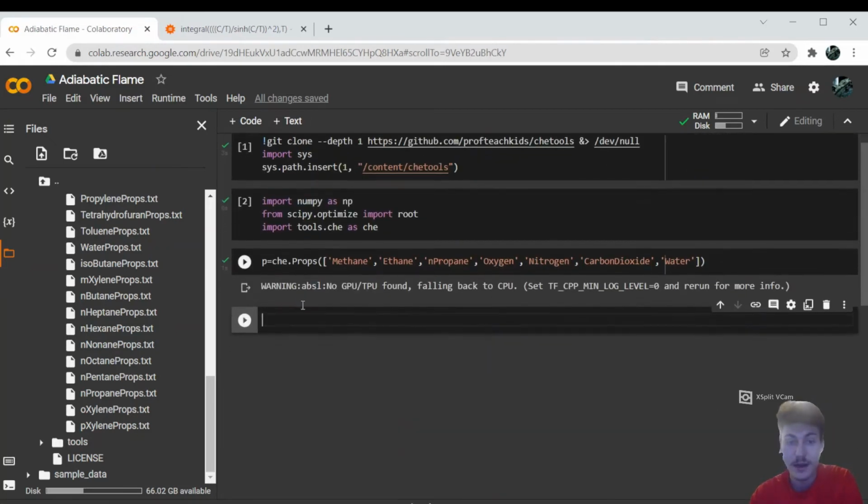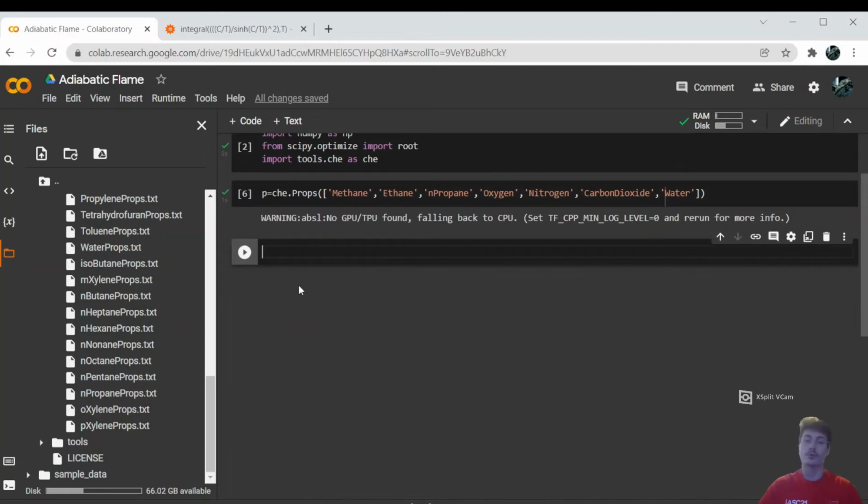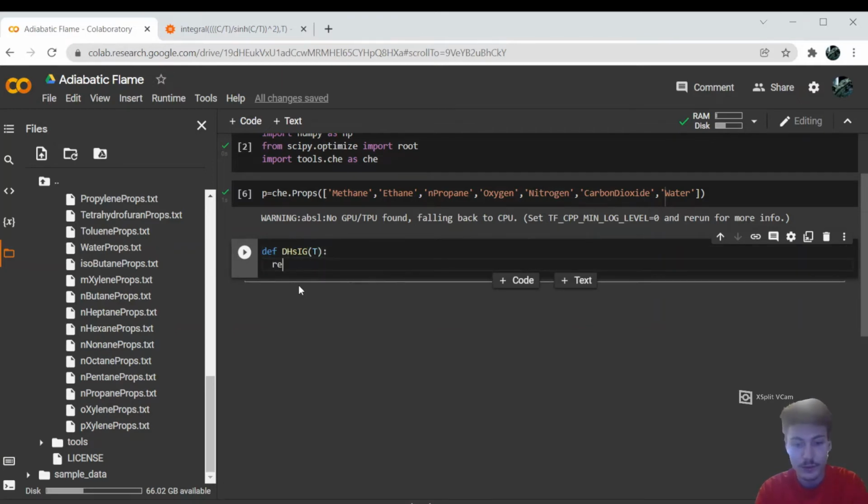Okay, so now after doing all that, we can go ahead and input the integration that we had from Wolfram Alpha and the ChemCAD 107 equation. We're going to make that a function. We'll define it as the delta, so change in the sensible heat, of an ideal gas, and then we input the final temperature and want to return the entire equation.